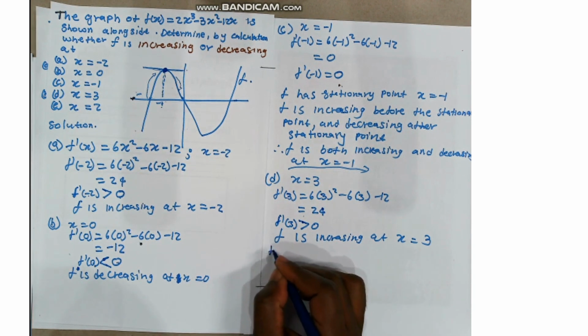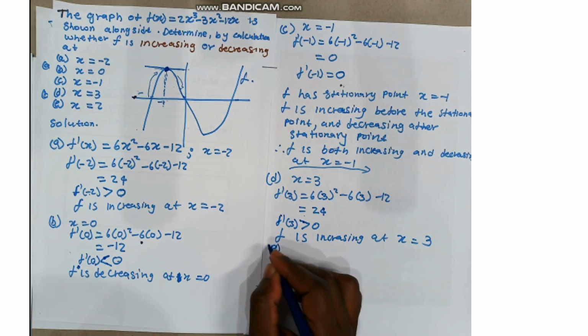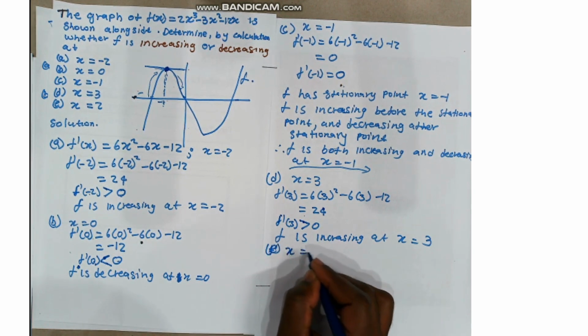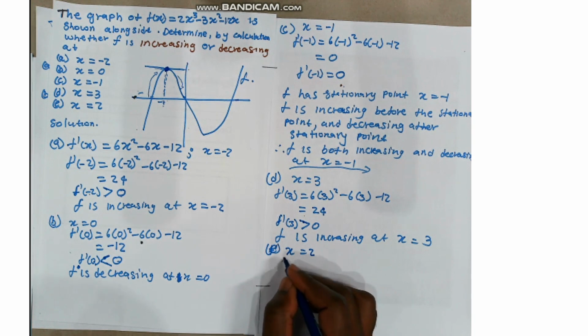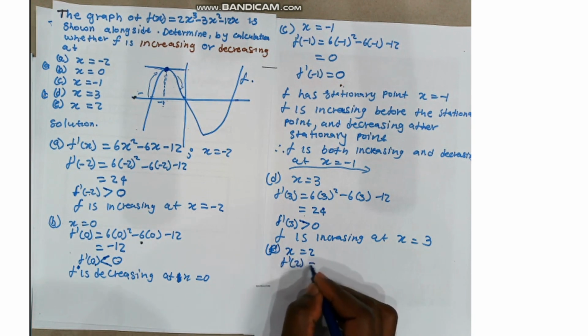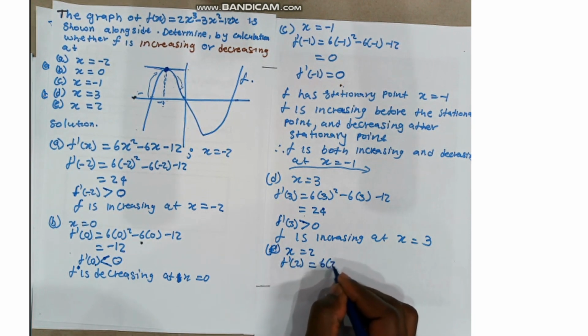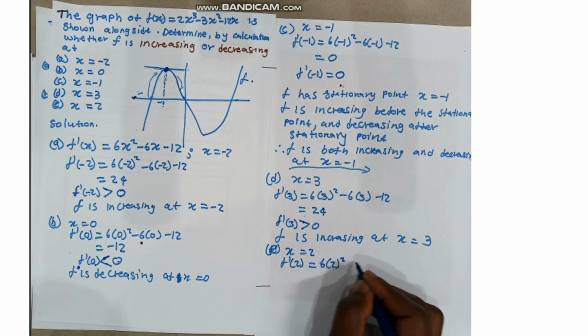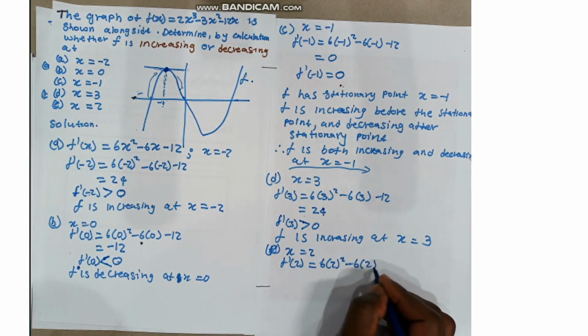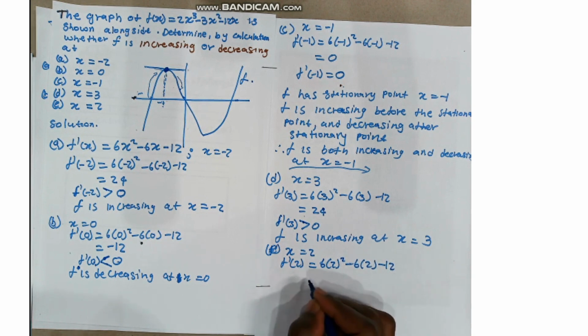Now okay, let's do e, the last one. If x now is equal to 2, so let's put f prime of 2, where 6 into 2 squared minus 6 into 2, then minus 12.